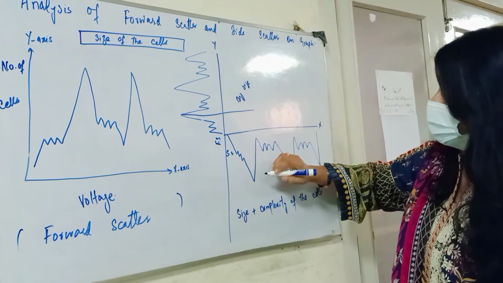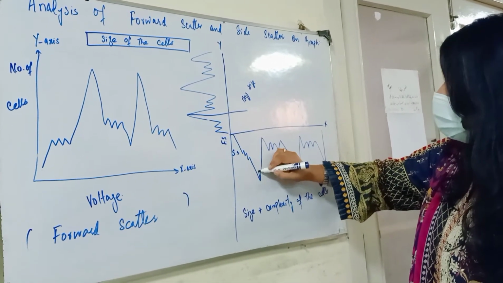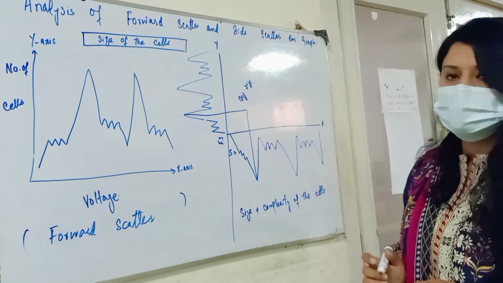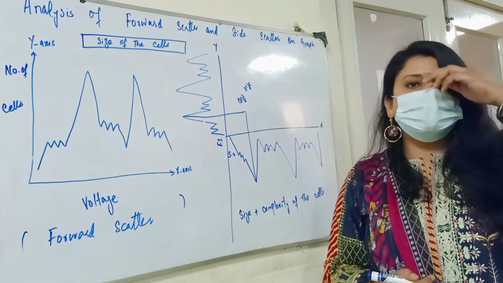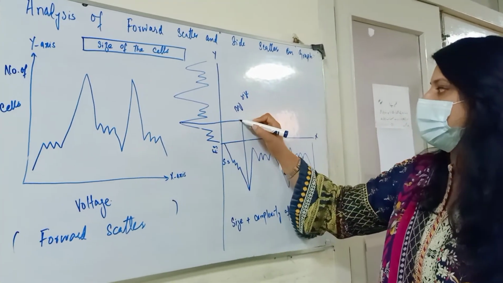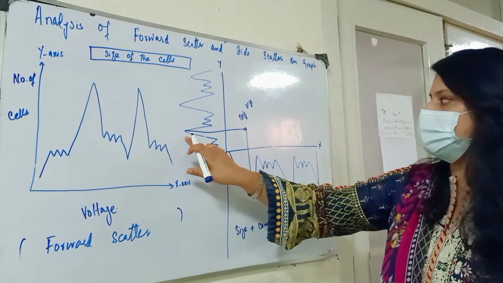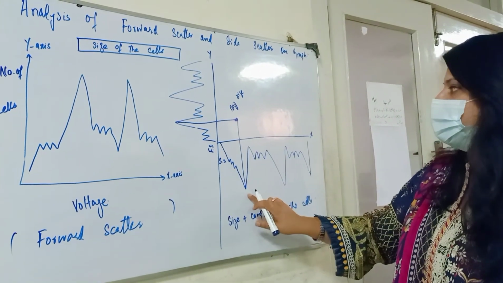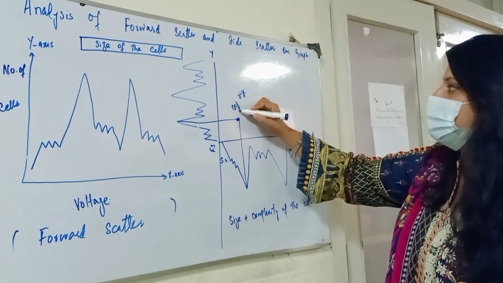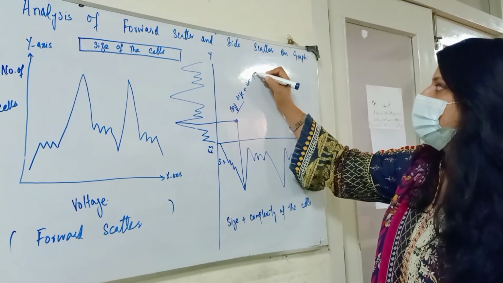But if it overlaps over here with the high peak of the side scatter, what does the side scatter show? The side scatter shows the complexity of the cell. So if both these peaks overlap or meet at the point where the data for forward scatter is high and the data for the side scatter is also high, it means that the size of the cell is big and the cell is of complex shape.